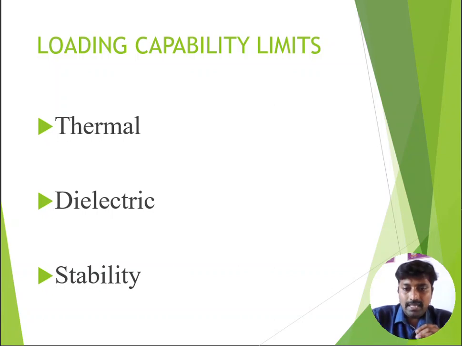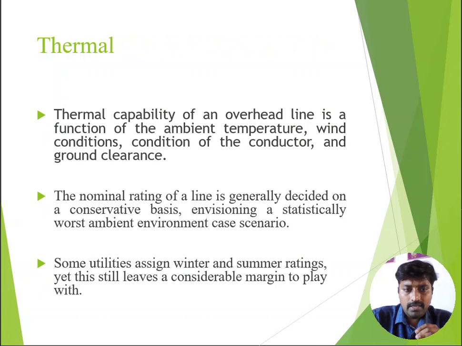First we go for the thermal constraint. Thermal constraints are always related to the ambient temperature and wind conditions of the conductor, the ground clearance, as well as the aging effect of the particular conductor.